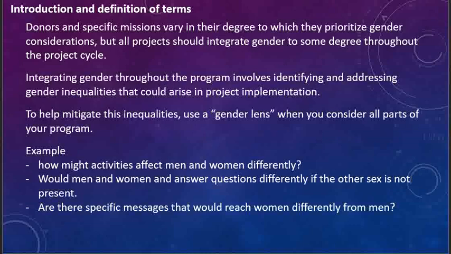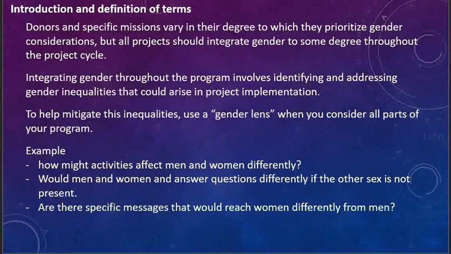If you are dealing with a meeting and you have the meeting at night, how could that affect these two groups? Would men and women answer questions differently if the other sex is present or not present? The presence of one gender might affect how another gender will respond to a specific question.